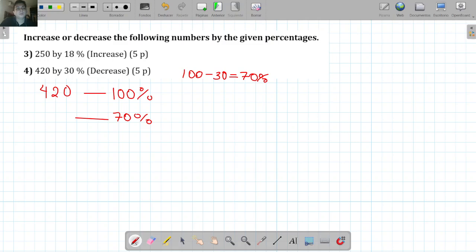Therefore, I need to write here what I'm looking for. And let's write our result. So we multiply 420 times 70 over 100.